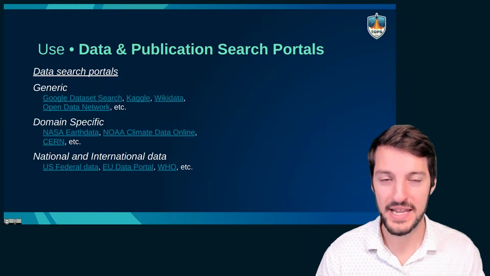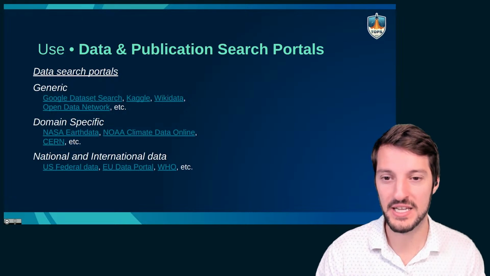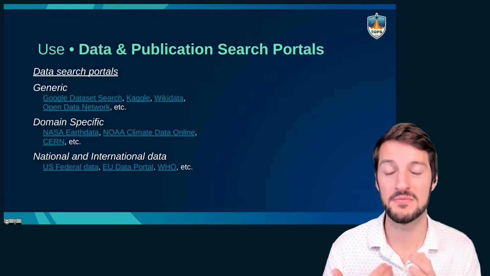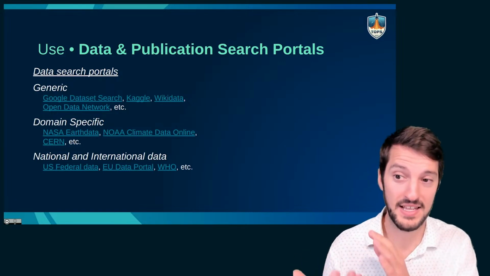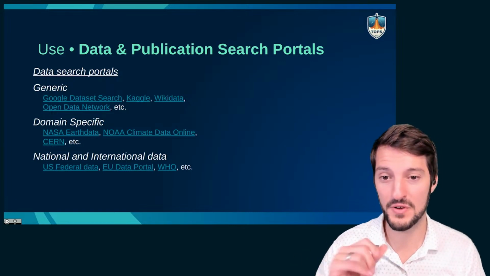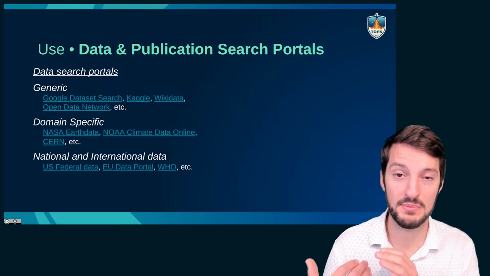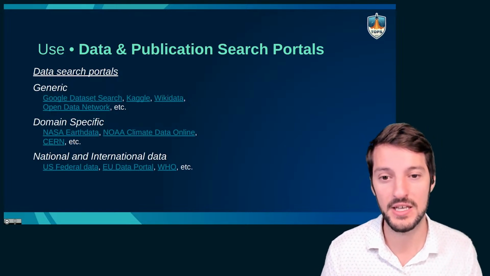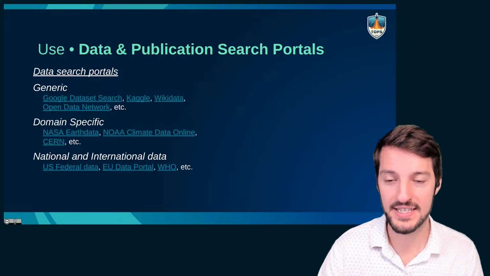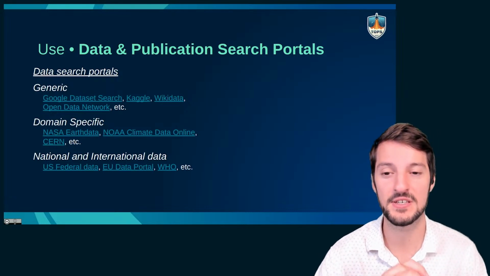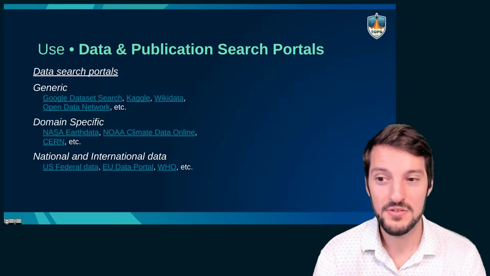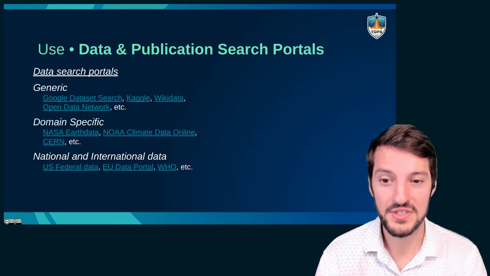We also have domain-specific search portals, meaning if I want to find something specific about Earth data, then I should probably use NASA's Earth Data Search Portal. Or if I want to find something about climate data or physics, maybe I'll use the NOAA Climate Data Online database, or CERN for particle physics in specific. There's also national and international data search portals.